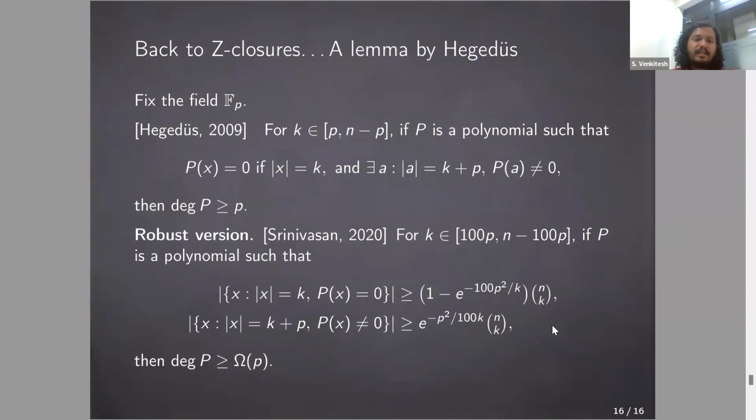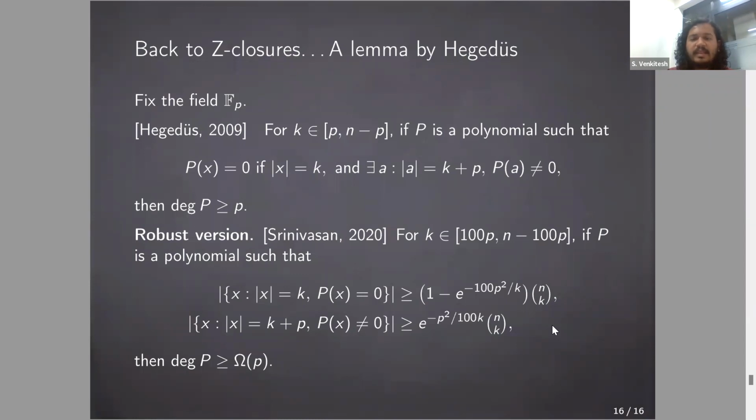All right, and this is interesting to us in a slightly different way. Srikanth very recently gave a robust version of this statement. What does that look like? Note that in the Hegedus version of the statement, we have complete vanishing on a given layer of weight k and just non-vanishing at a single point. There is no more guarantee. The guarantee of non-vanishing is at a single point at the layer k plus p.